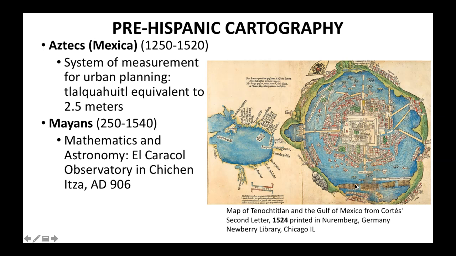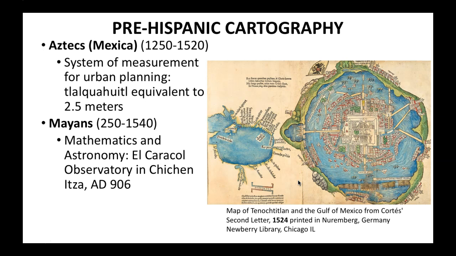So 3 years after the capture, Hernan Cortés sends a series of letters to Spain, and among those letters there are also included these maps of the Gulf of California, as well as the city of Tenochtitlan as it would have existed in the 1520s. This is a map that was reprinted in Nuremberg, Germany, and it's contained today within the Newberry Library in Chicago, Illinois.